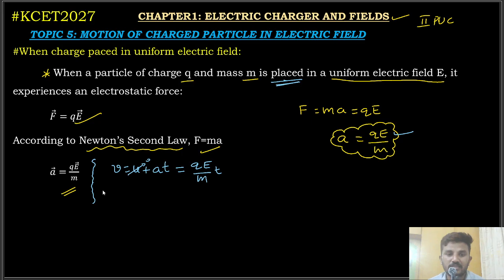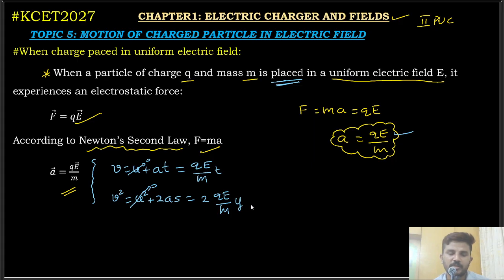Sir, what about the equation v square = u square + 2as? There also you can get the expression for v, but in terms of displacement. Here the initial velocity is 0, so u square becomes 0, and the acceleration is qE by m. What about displacement? You can take it along the x-axis or y-axis.